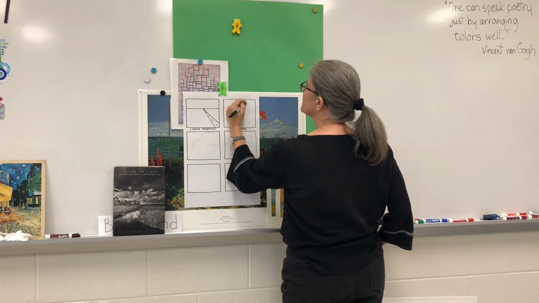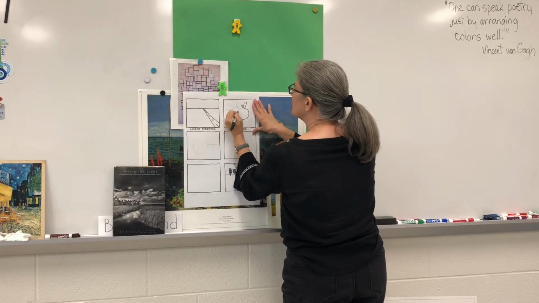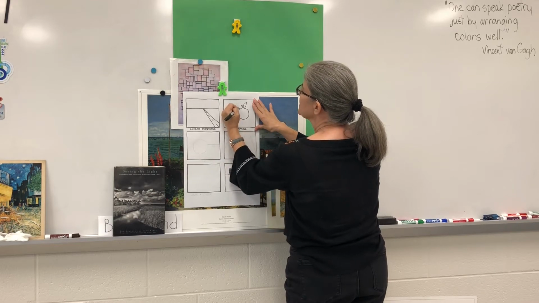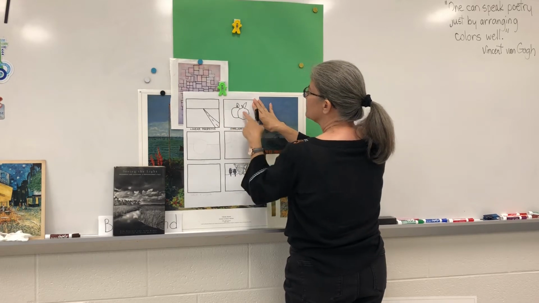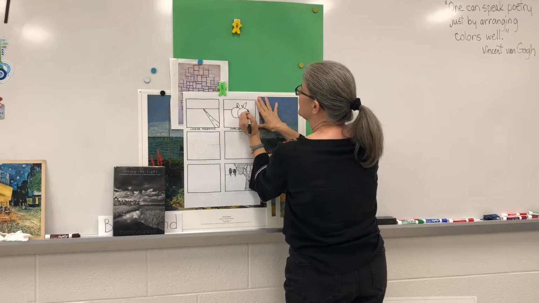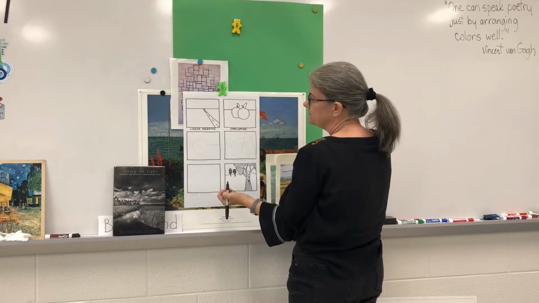So here, I'm going to draw an apple with a stem and a leaf, and then behind it, I'm going to draw another one, and you can't see all of it. So I've got overlapping. This one overlaps this one, and I could put in the edge of a table right there. So this would be the wall, and that would be the table.